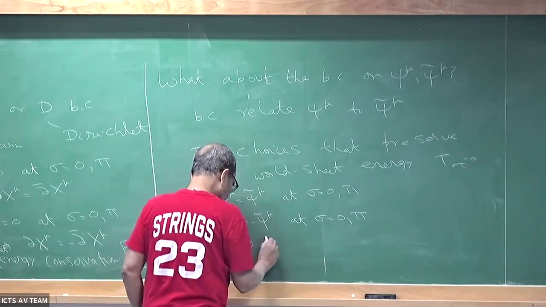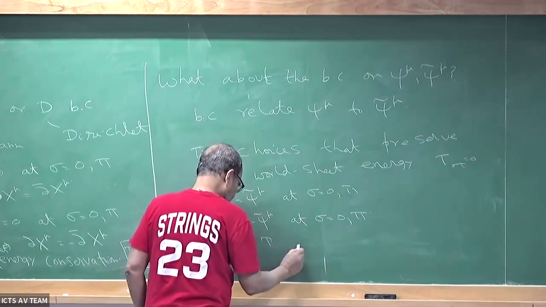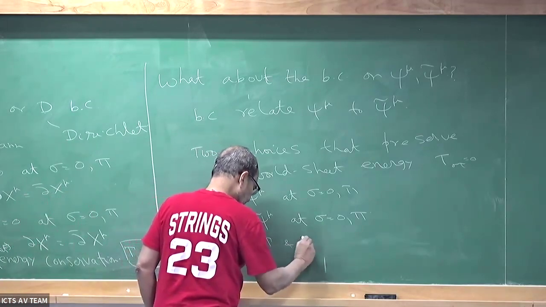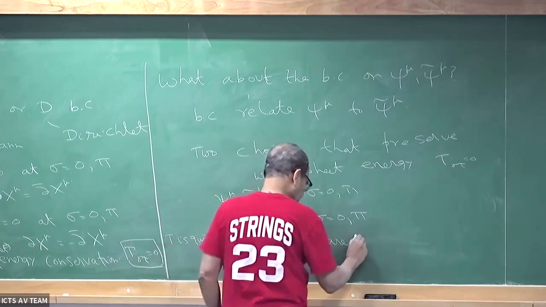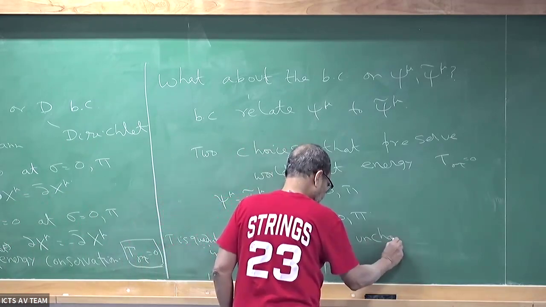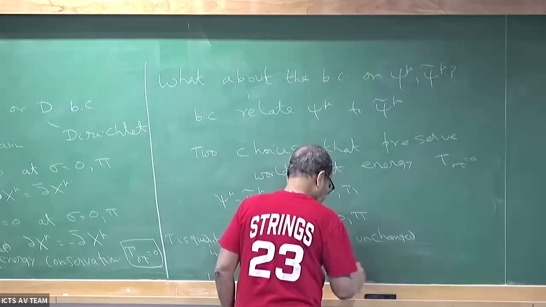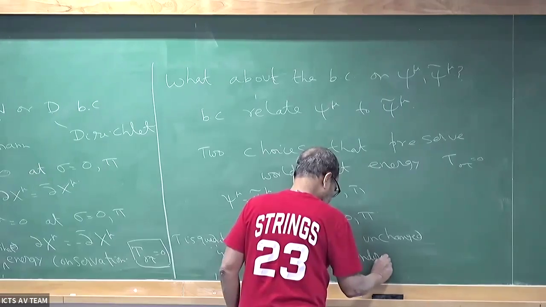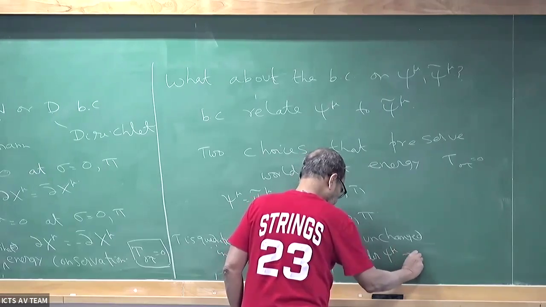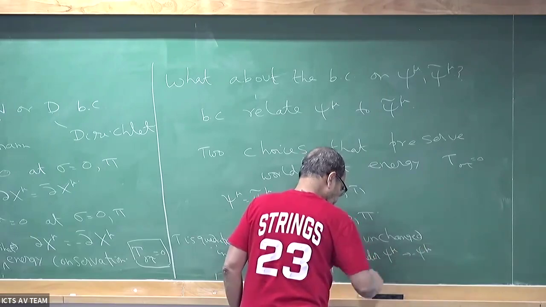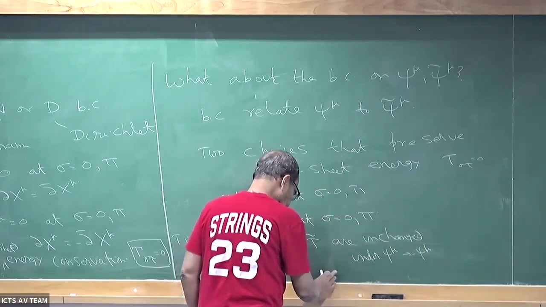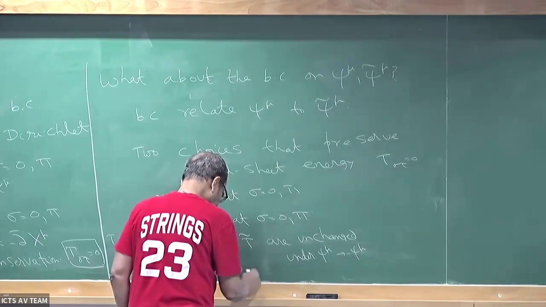So T and T tilde are unchanged under psi mu to minus psi mu. So this means that either boundary condition conserves T.